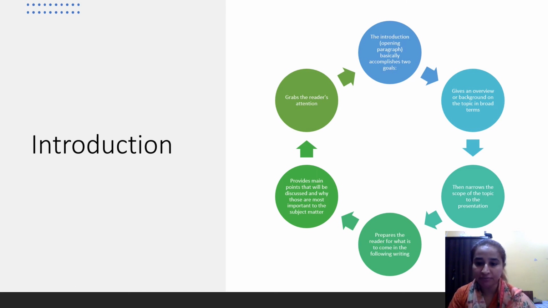It prepares the reader for what is to come in the following writing, provides the main points that will be discussed and those most important to the subject matter, and grabs the reader's attention.